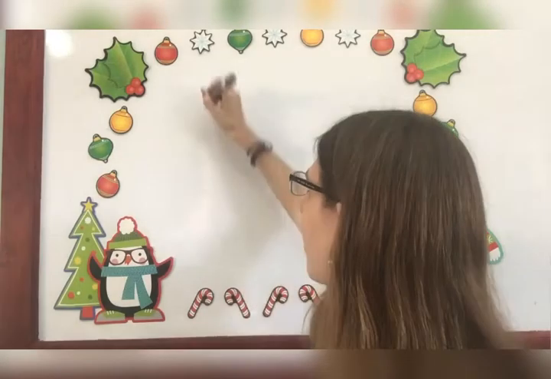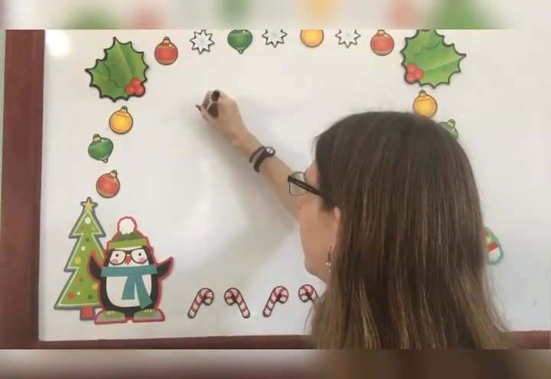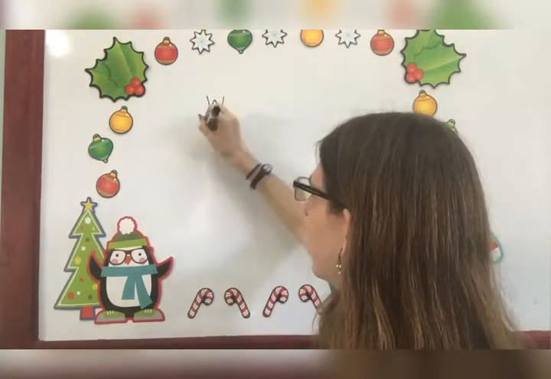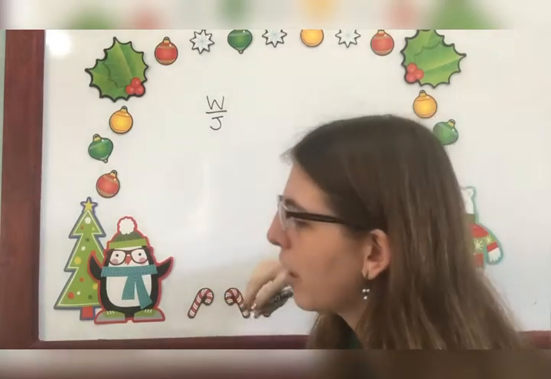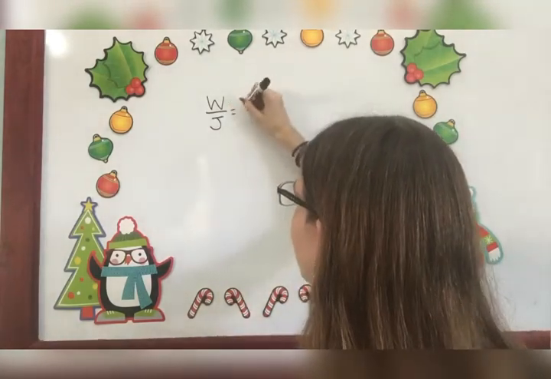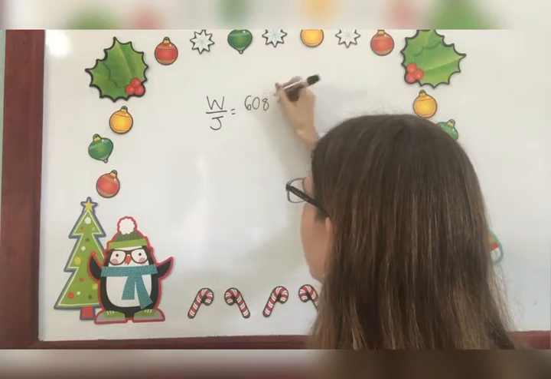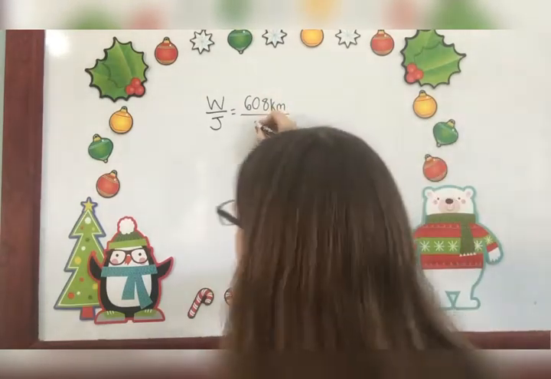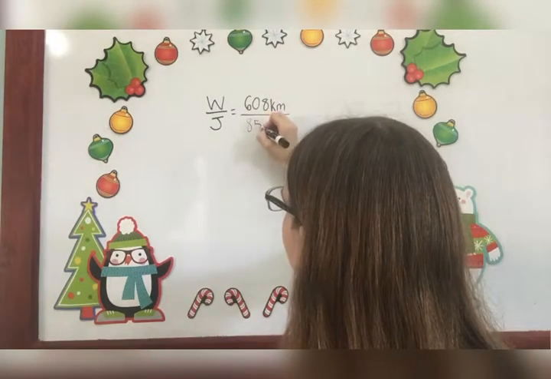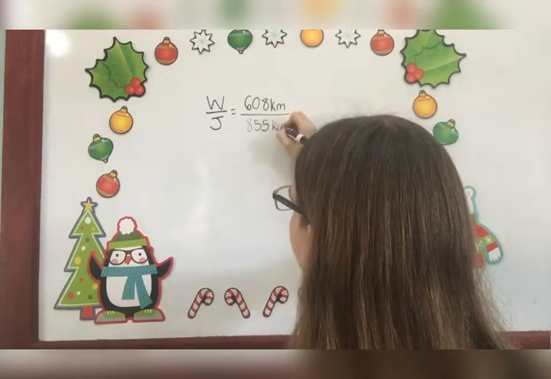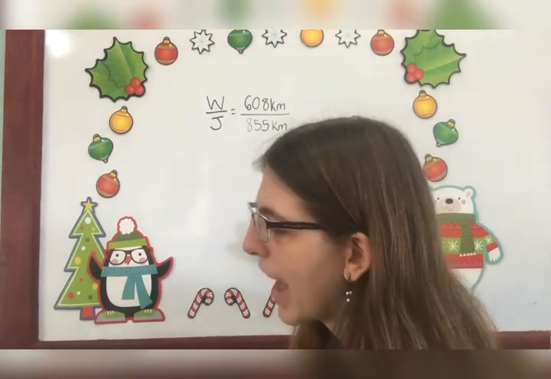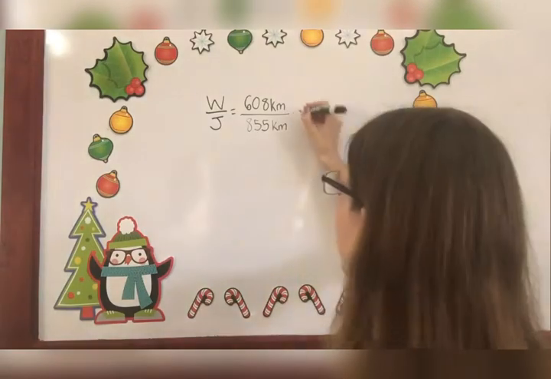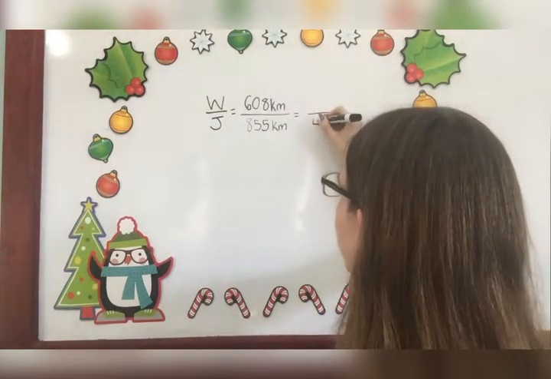Our ratio is walking to jogging. Those are the two things. It says he walks 608 kilometers for every 855 that he jogs. We know that he jogged last week 45 kilometers.